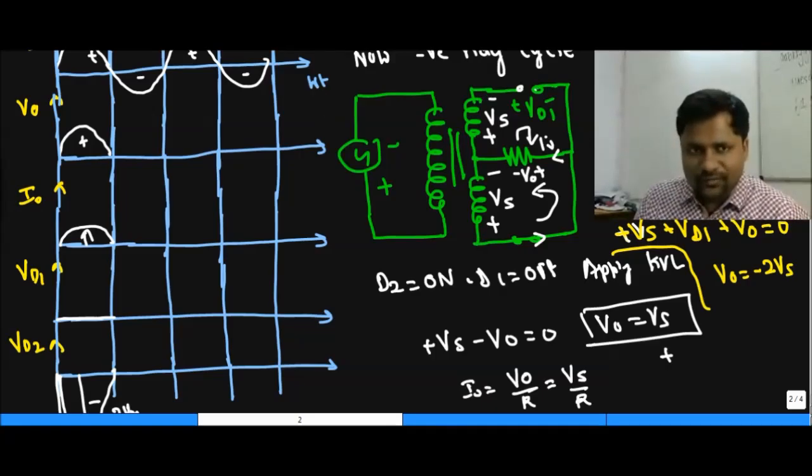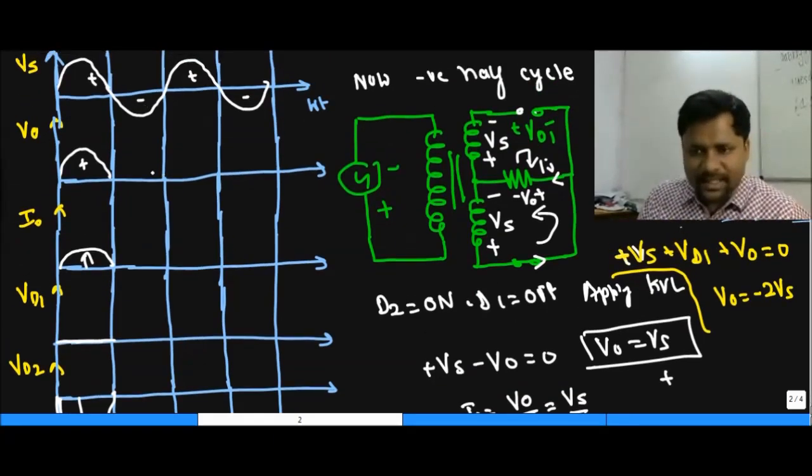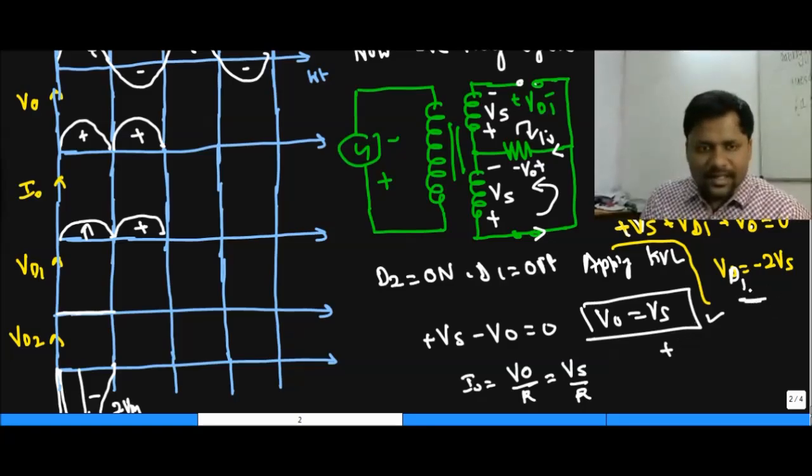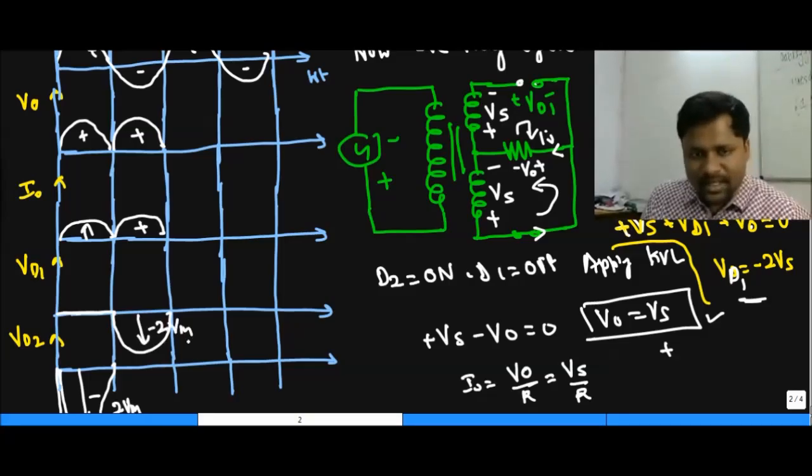So when it comes to the waveform, when supply becomes negative, output voltage is equal to the source voltage, which is positive, and output current is equal to Vs divided by R, which is positive. And we observe Vd1. The Vd1 is basically having a negative peak of minus 2 Vm, and after that it becomes on again.